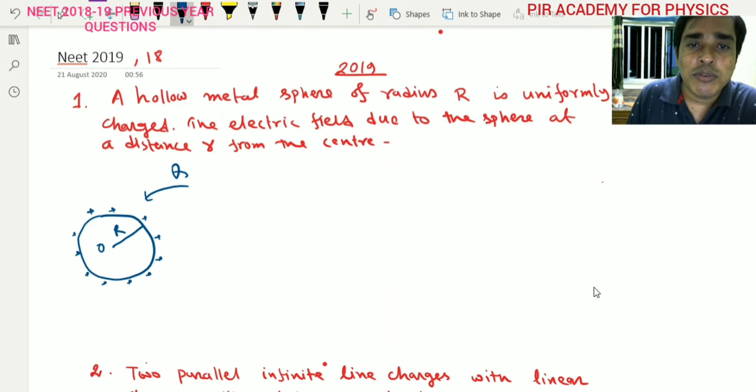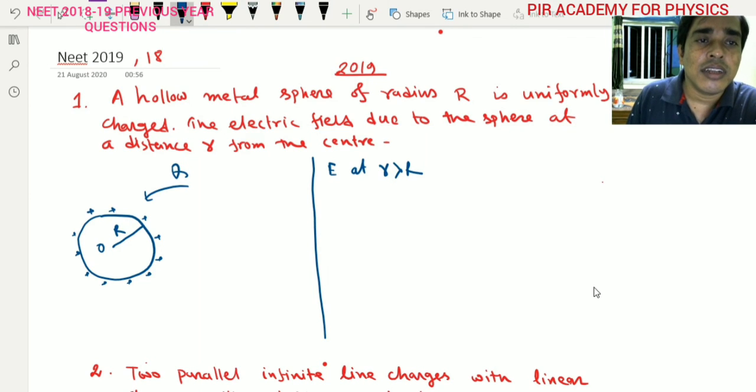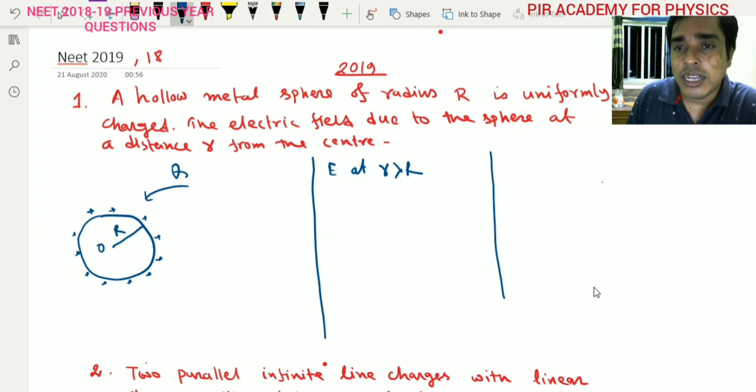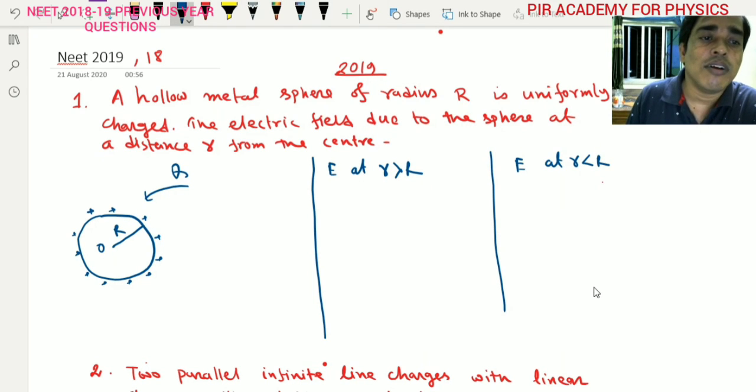Now you have to find the electric field at r greater than R, that means outside this hollow metal sphere, and also the electric field at r less than R, that means inside this hollow metal sphere.